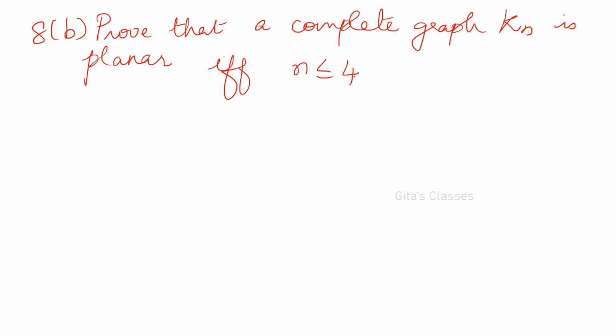So here you can show that up to 4 it is planar. K1 is only a single vertex. This is K2. K3 is like this. K3 is planar.